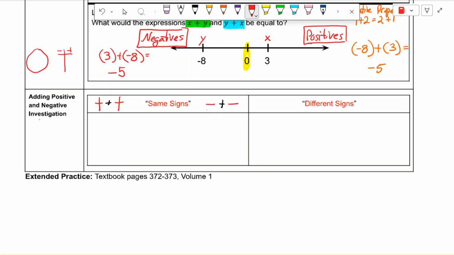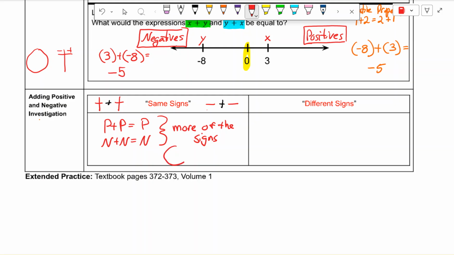And so our rule here, our investigation, we want to write something. When we're working with same signs, we get basically the same thing. So you might even say positives plus positives are always positive. Negatives plus negatives are always negatives. In both cases, we're getting more of the signs.